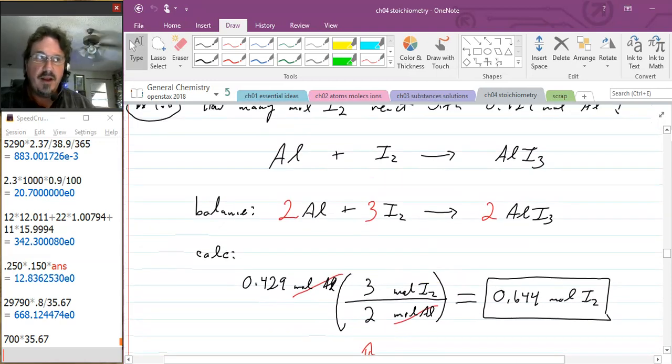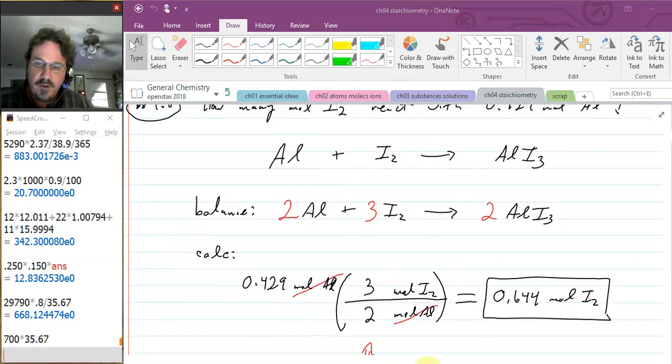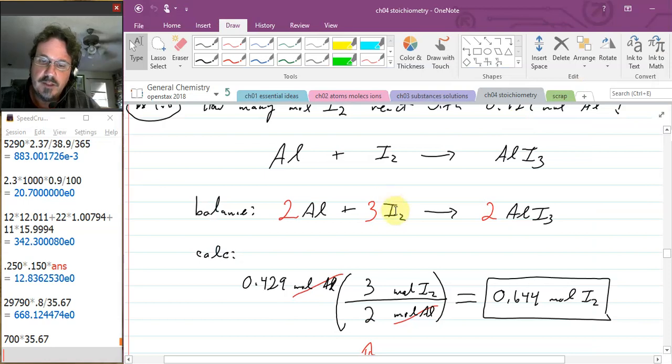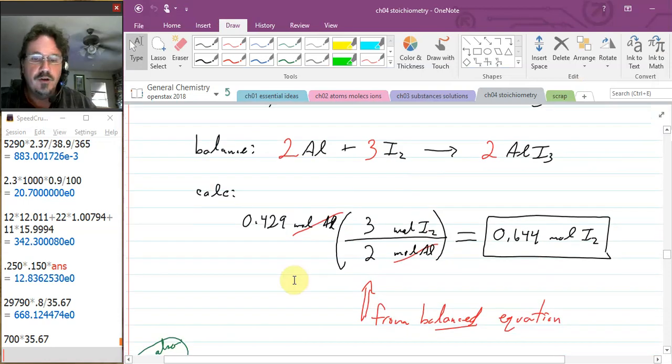They said that I've got 0.429 moles of aluminum, and they're asking me how many moles of iodine are needed. So I start my calculation off, 0.429 moles of aluminum, and I'm going to set this up so that my units cancel, as always.